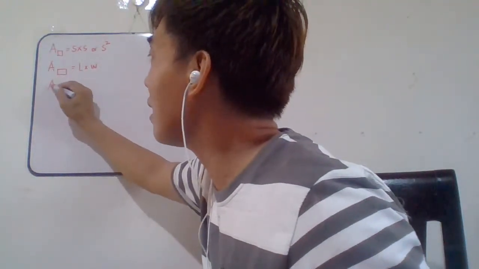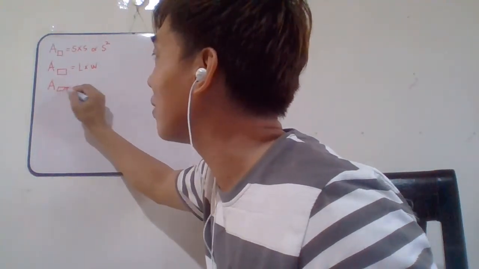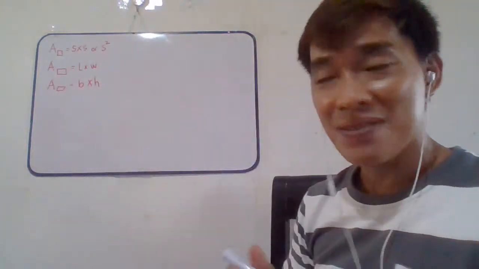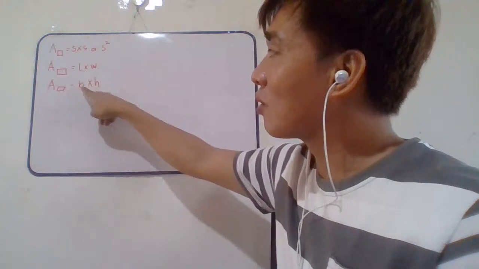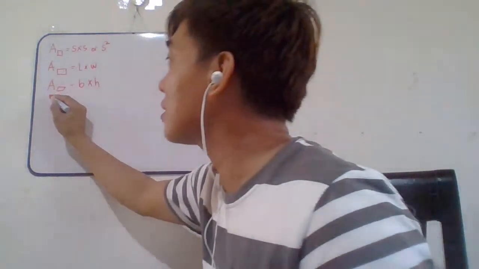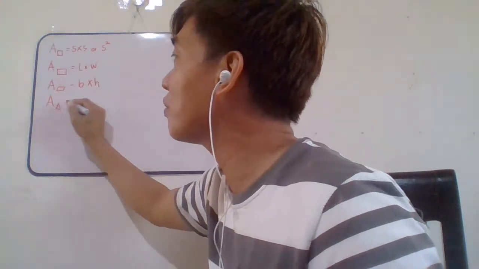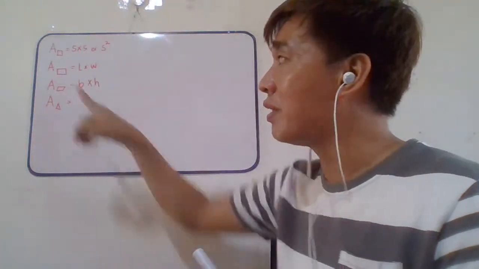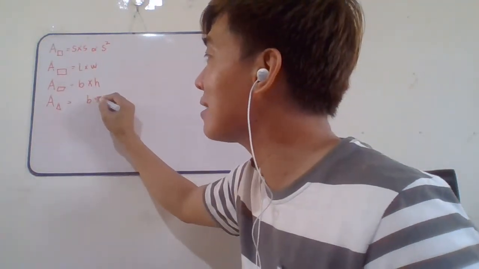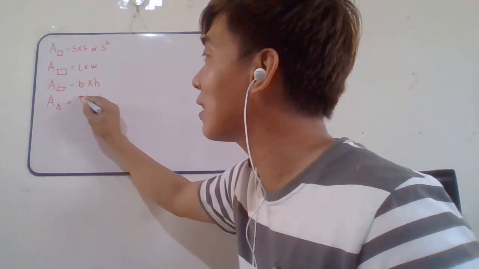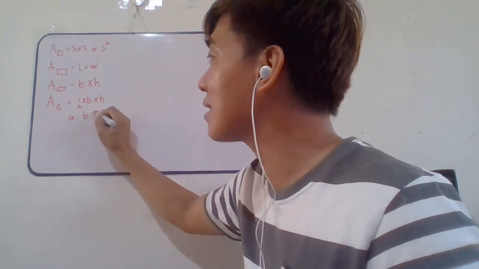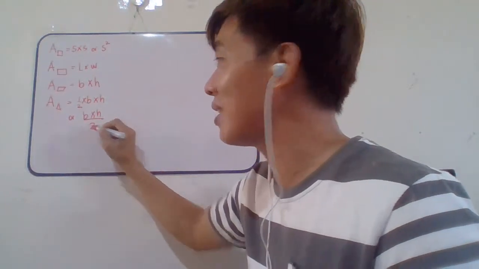Now, the area of the parallelogram is equal to base times height. So the length is what we call the base, and the width is the height. The triangle is half of the rectangle or half of the parallelogram, so that is also base times height, then you get one half of it, or base times height divided by 2.